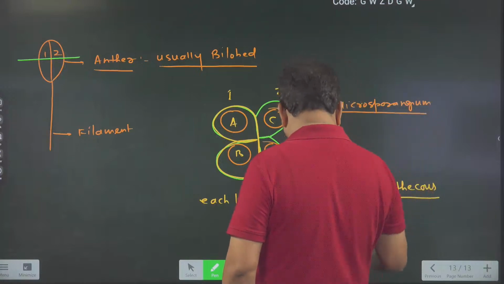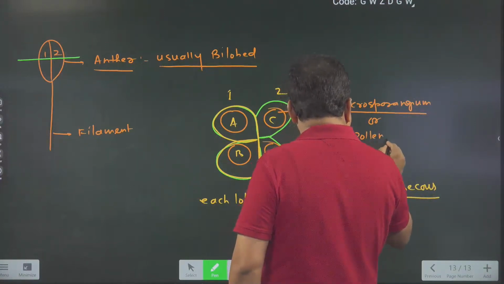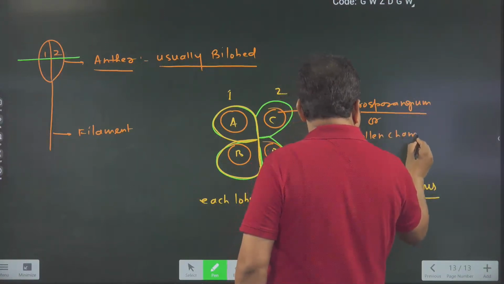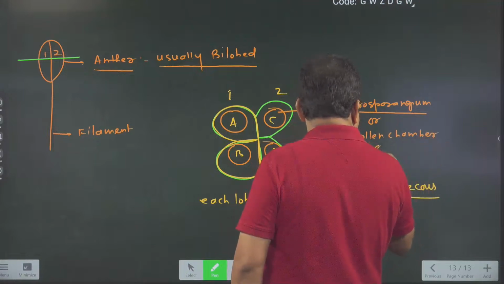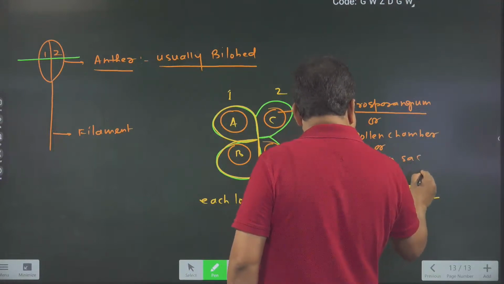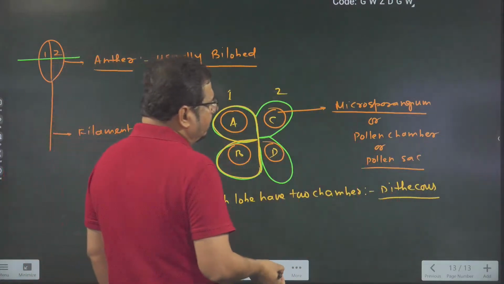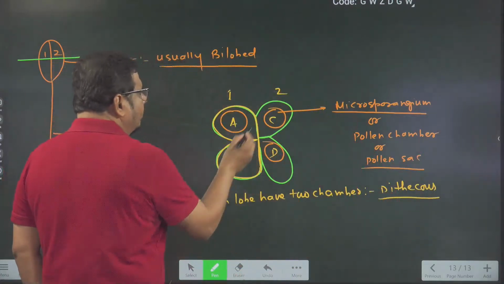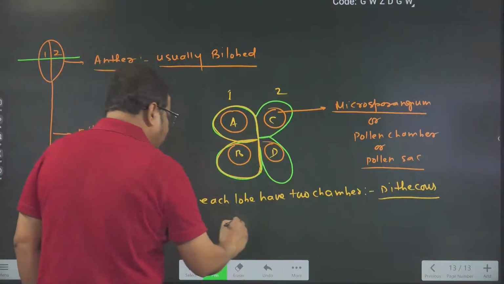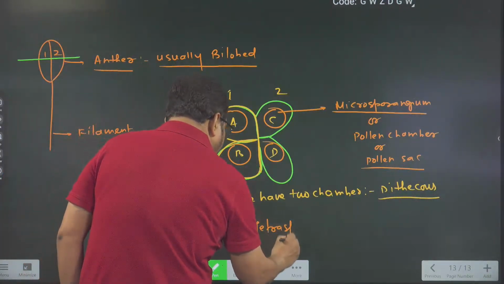Microsporangium, or you can say pollen chamber. Later on it converts into pollen chamber, or you can say pollen sac. Got the idea? So how many microsporangia are there? 4 microsporangia. Hence a typical anther is tetrasporangiate.